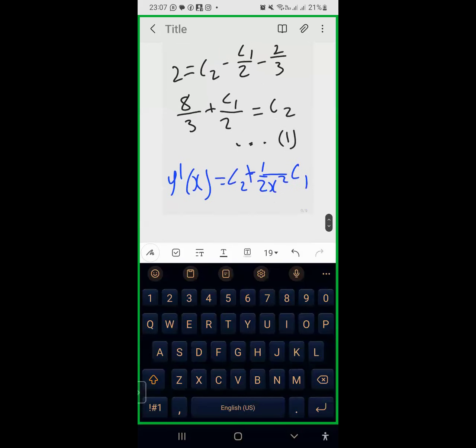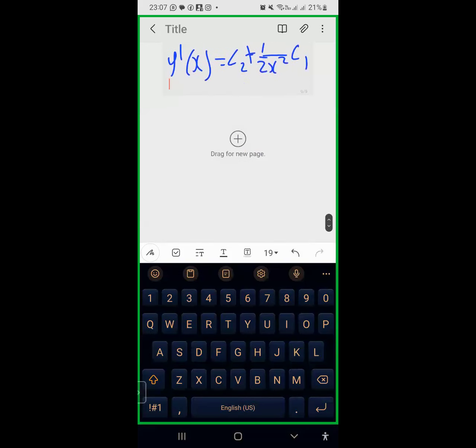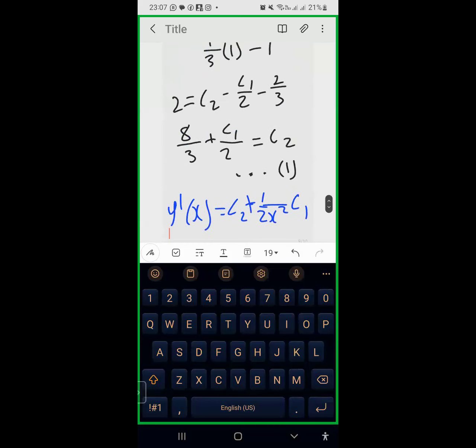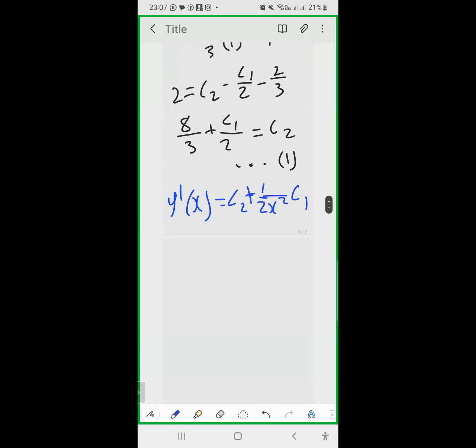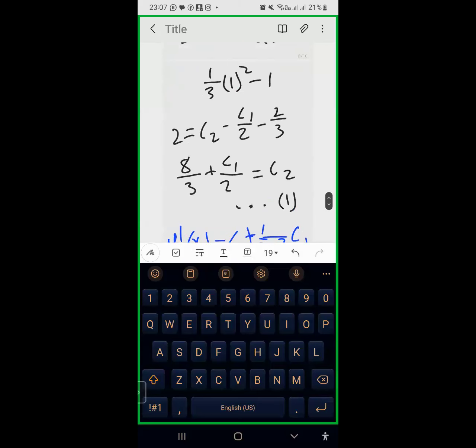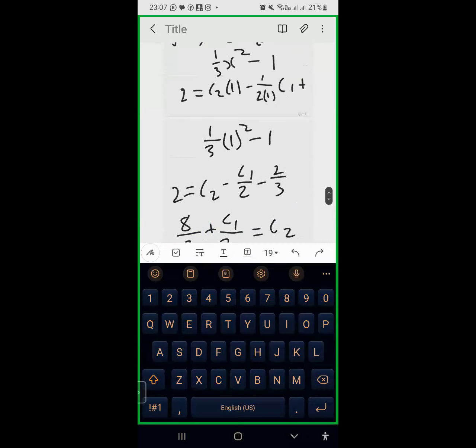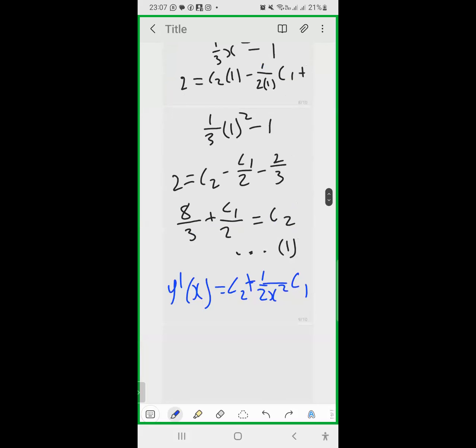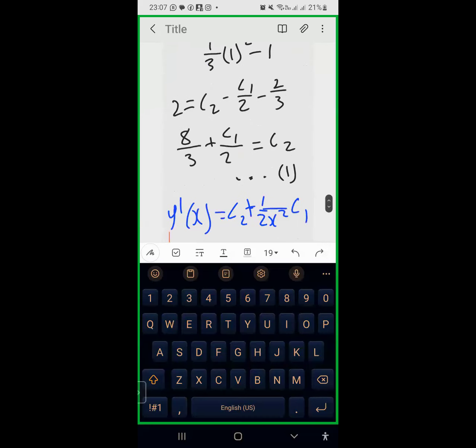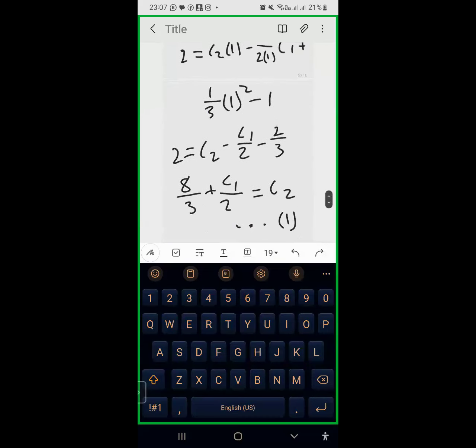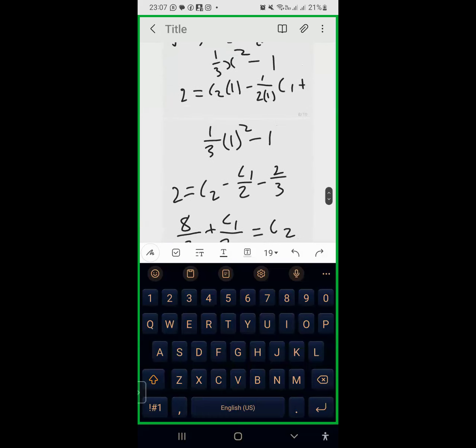And for the third term, we have 1 over 3x squared. To be clear, we have 1 over 3x squared.